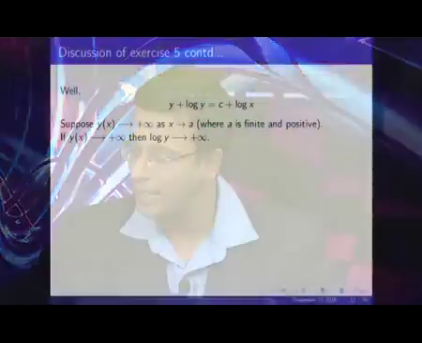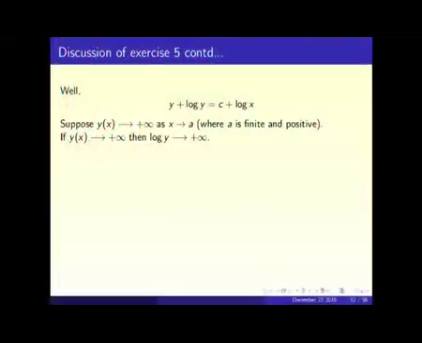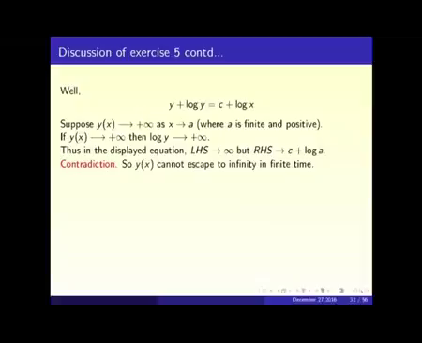It means that as x tends to a, where a is a finite number, y of x goes to plus infinity. Well, can that happen? If y of x goes to plus infinity, then log y also goes to infinity, y also goes to infinity. The left hand side of this equation goes to infinity and the right hand side goes to a constant. How is it possible that one side goes to infinity and the other side goes to a finite limit? That will give you a contradiction. So y of x cannot escape to infinity in finite amount of time.